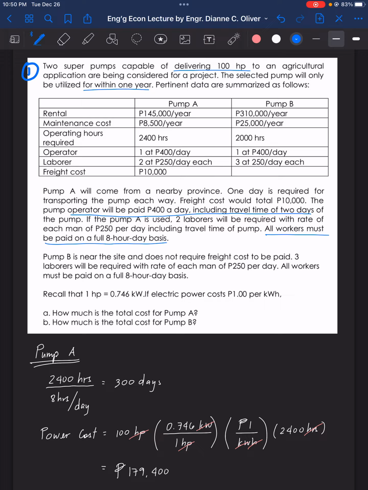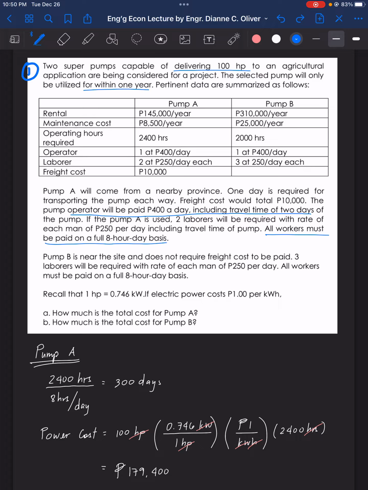So the pump will travel for 2 days. So 1 day is required for transporting the pump each way, from the warehouse to the site, and then later on from the site to the warehouse.